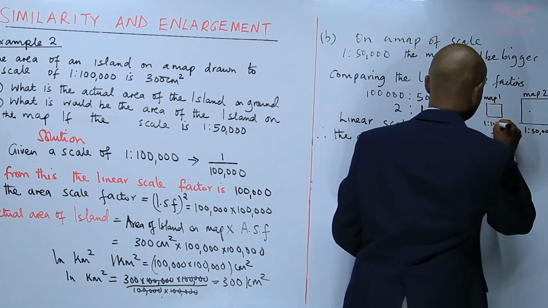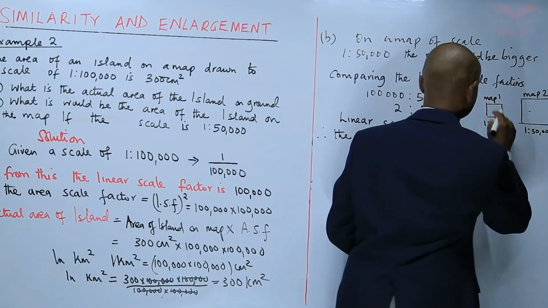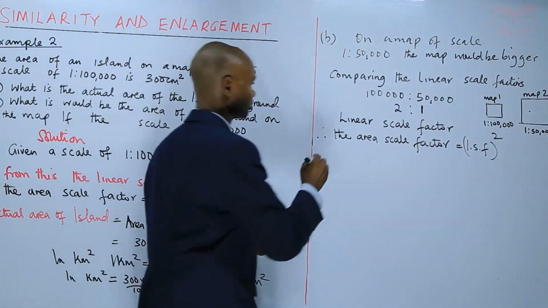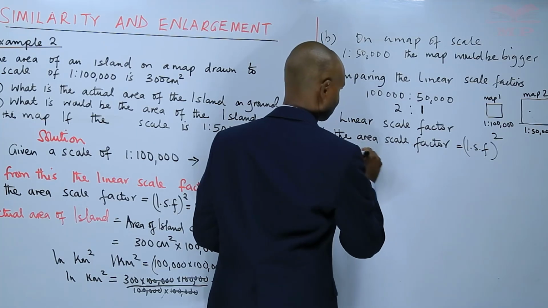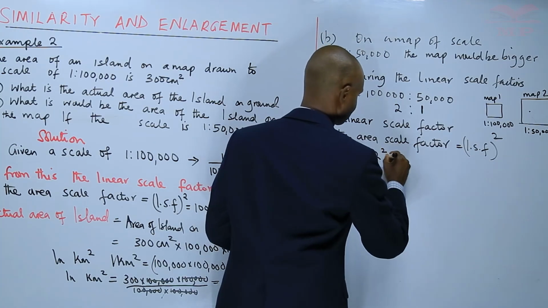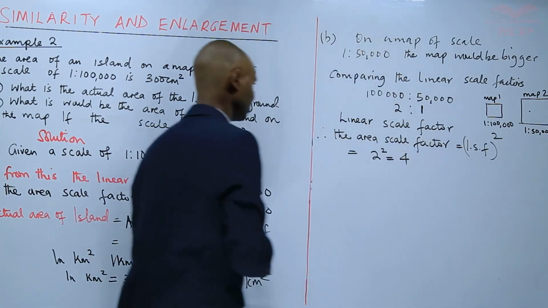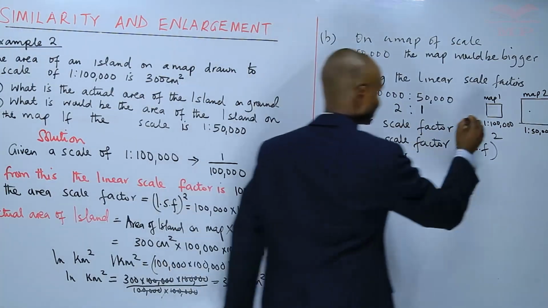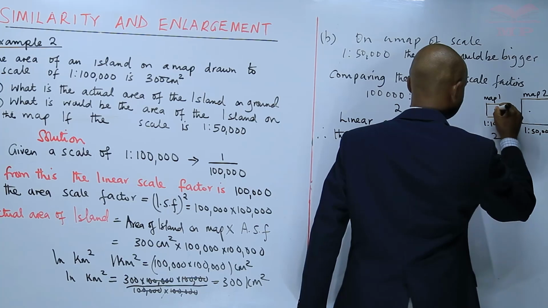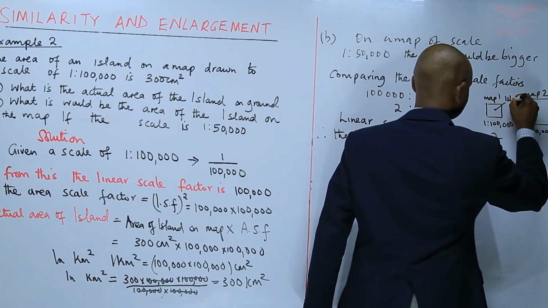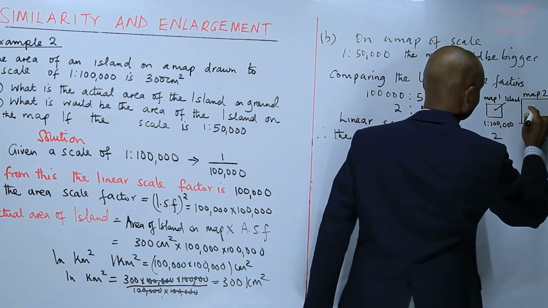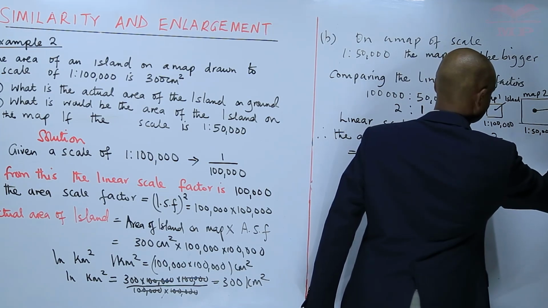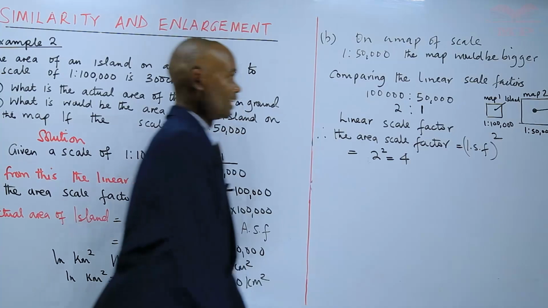This is 1 to 100,000. This is much fractionalized, made much smaller. So this will be equal to 2 squared, which is 4. So if they had an area here, this was the island, in this second map, the island would now look bigger.